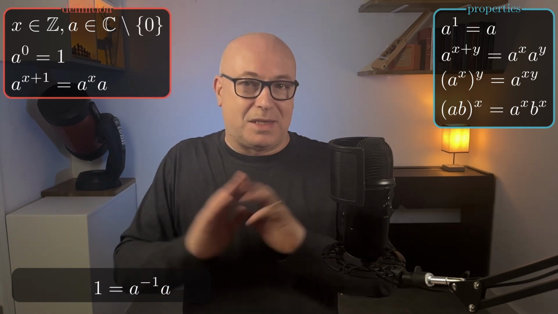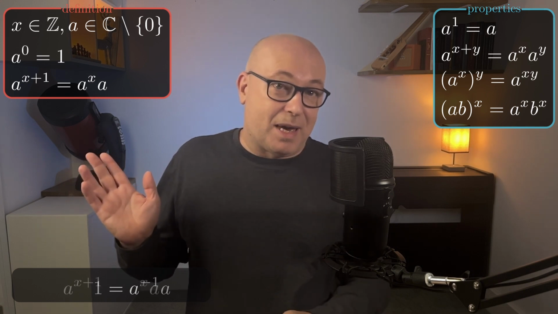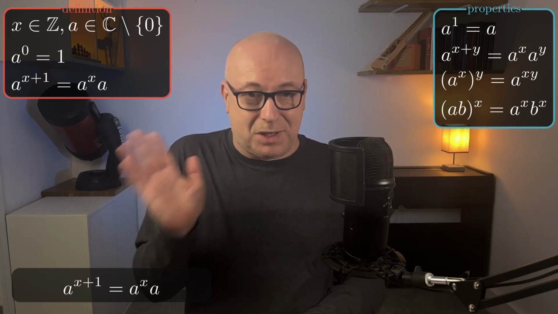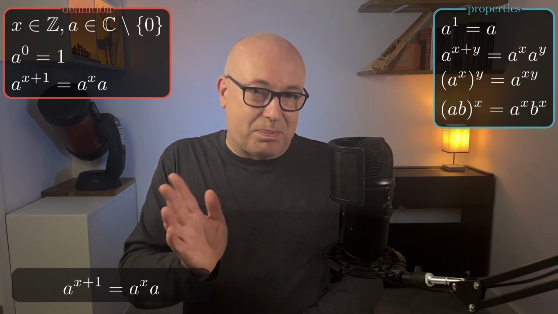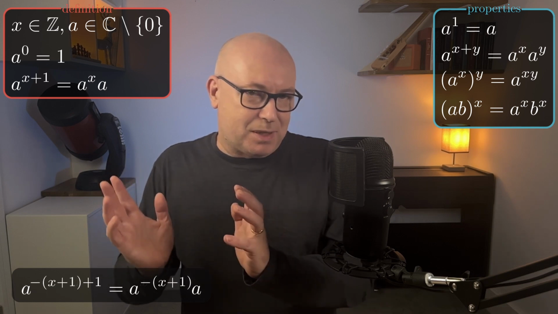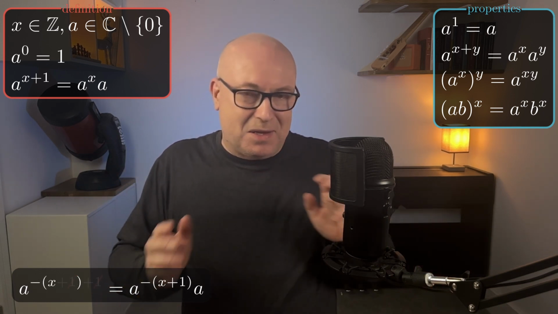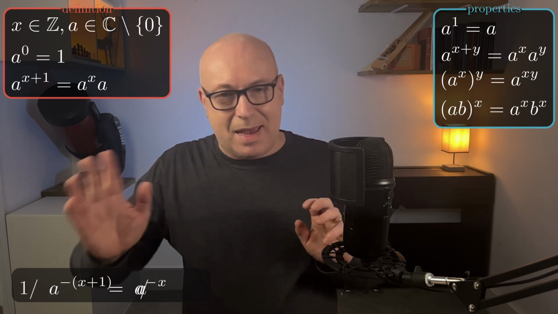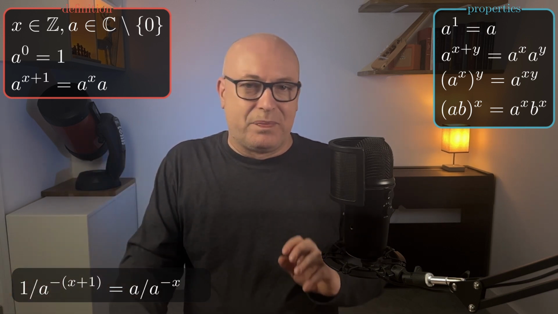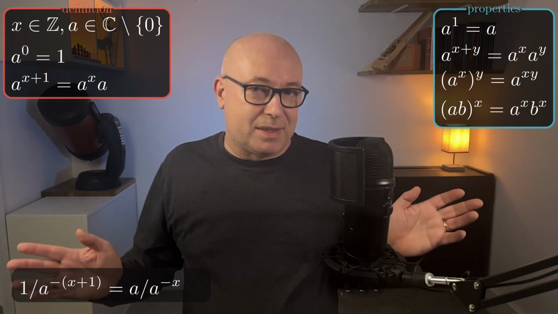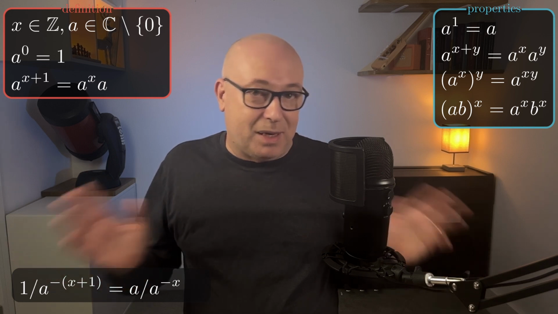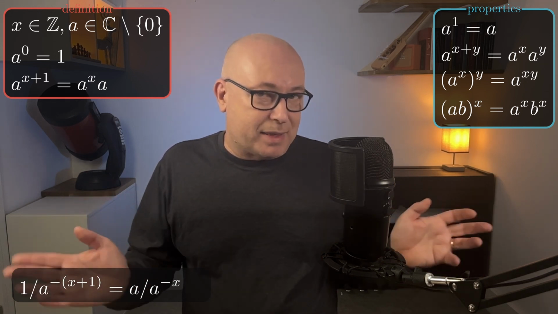Having done that, let's apply the induction step again, but I'll make a substitution. Let's replace x by minus x plus 1. And doing a little rearranging, we see that 1 over a to the power of minus x satisfies exactly the same induction formula as a to the power of x.